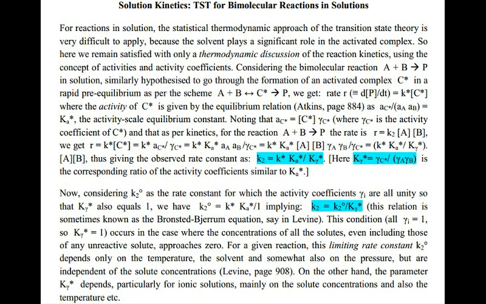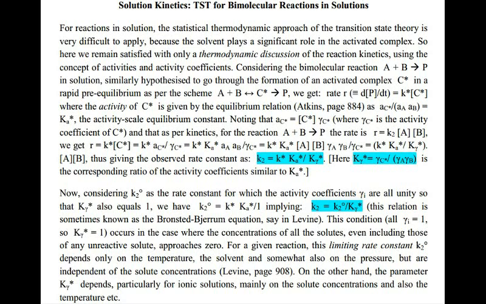Now this K gamma star is the ratio of the activity coefficients, just as Ka star, the equilibrium constant, is the ratio of activities of the products and reactants.